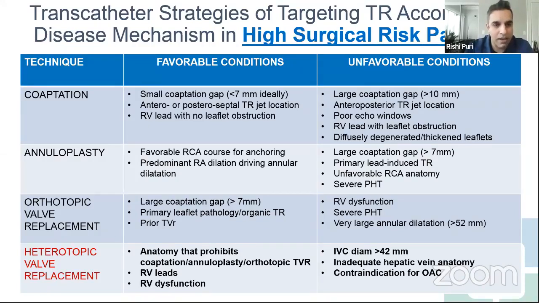Often these patients have pulmonary hypertension, right ventricular dysfunction. And so when you're faced with some of those anatomical constraints, some of the earlier transcatheter device and even emerging transcatheter device technologies are not really going to work effectively. And that is where CAVI, or caval valve implantation, comes into the picture.